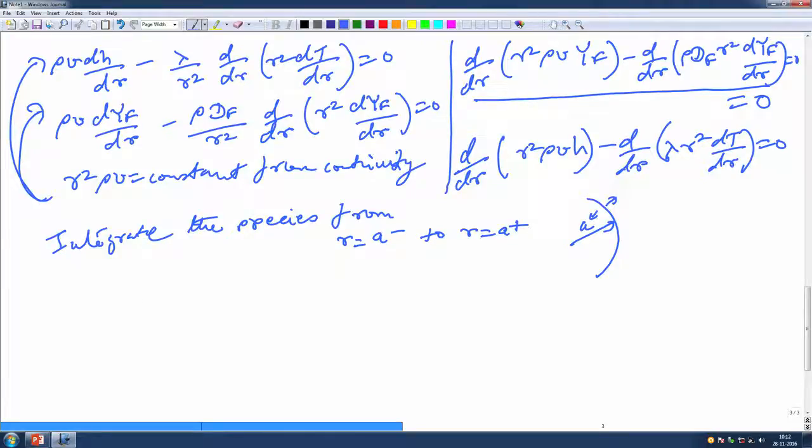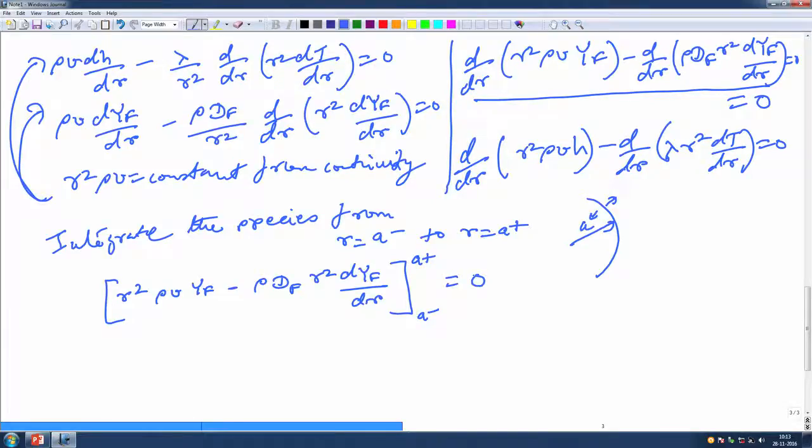So after integration, it is a definite integral. We are integrating it from a minus to a plus, and that is equal to 0.